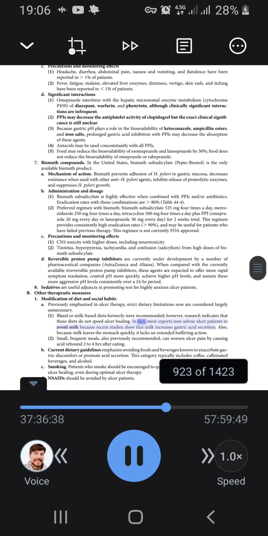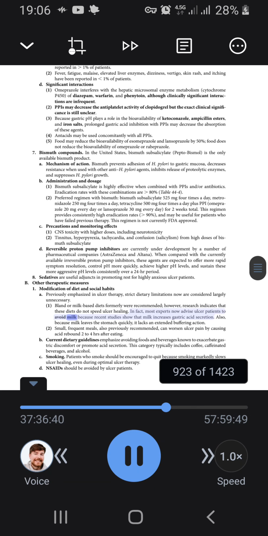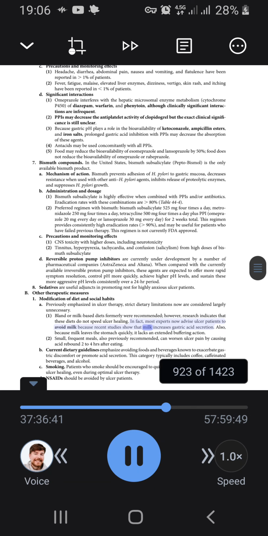In fact, most experts now advise ulcer patients to avoid milk because recent studies show that milk increases gastric acid secretion. Also, because milk leaves the stomach quickly, it lacks an extended buffering action. 2.